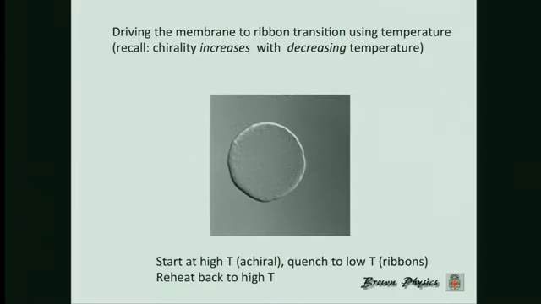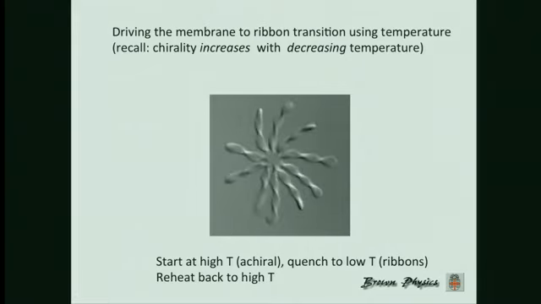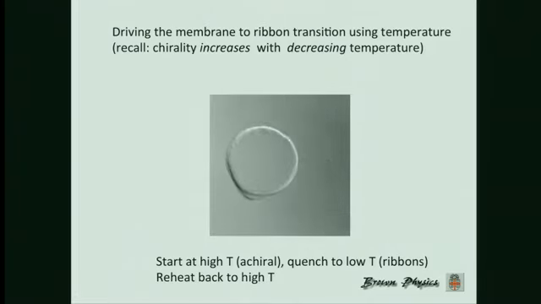Okay, so now let me show you some additional experimental stuff that motivates more of the theory we've done. So this is a very cool movie, where all they're doing is varying temperature. I'll play it maybe one more time.